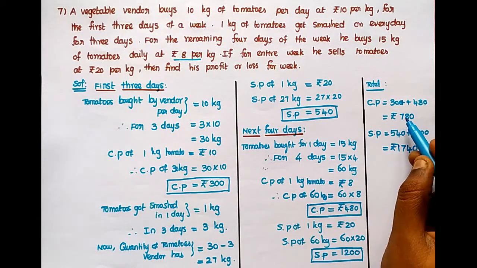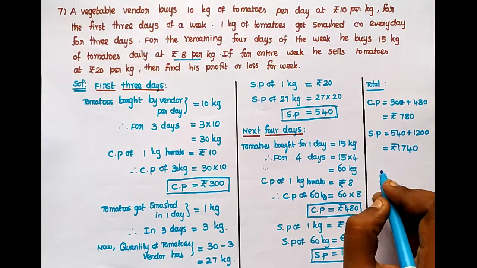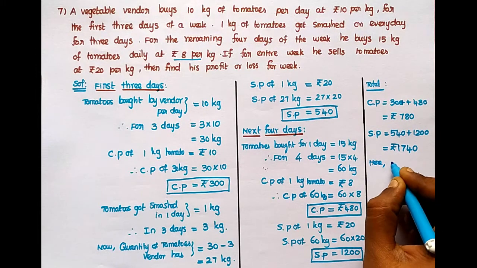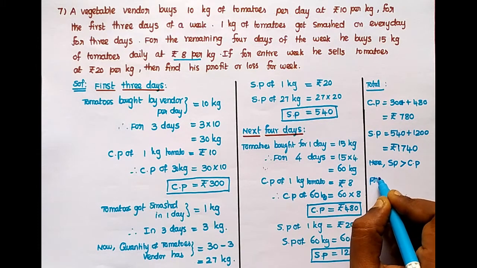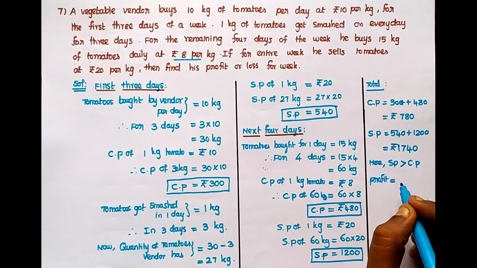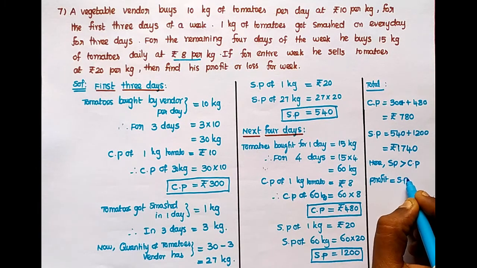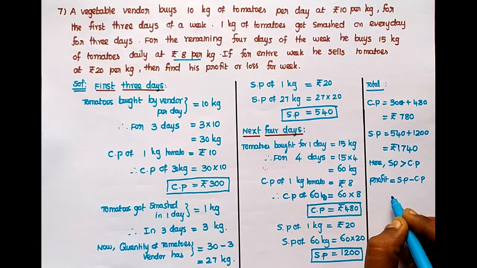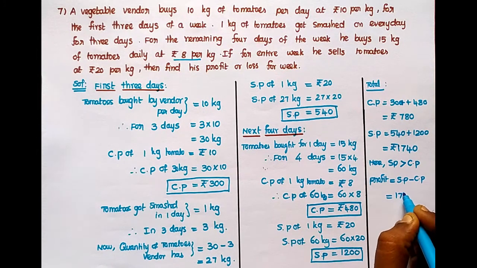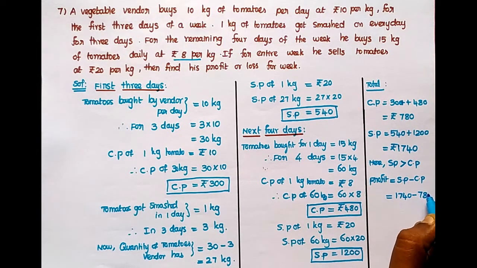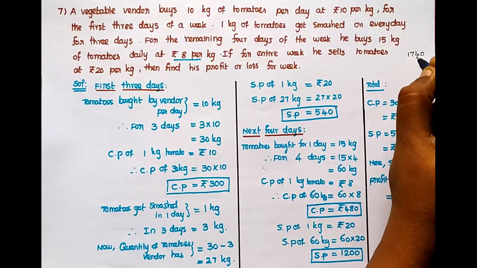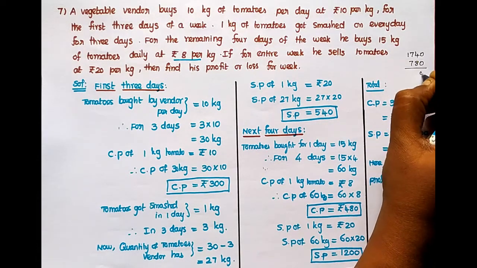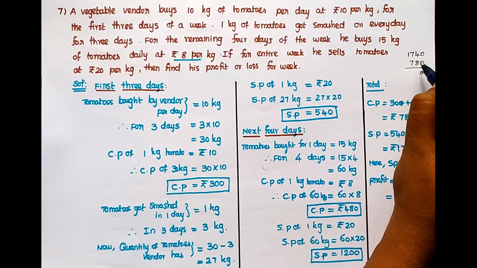Listen, compare the selling price and cost price. Here selling price is greater than cost price. So that is profit equal to selling price minus cost price, that is equal to 1740 minus 780. 4 minus 8 is not possible.